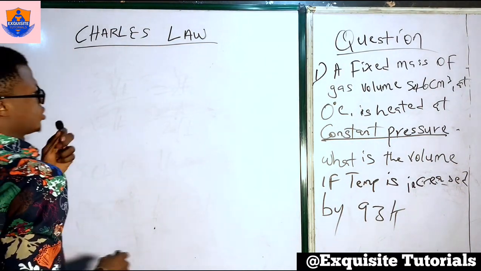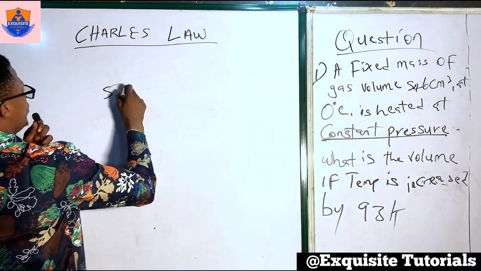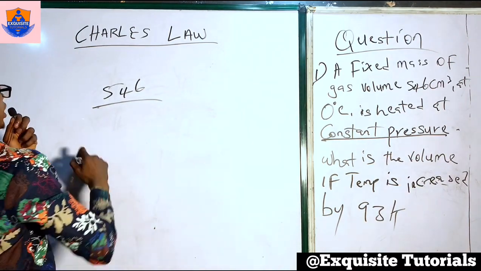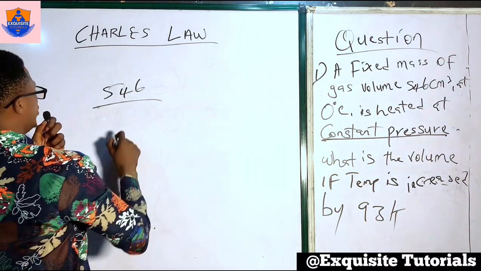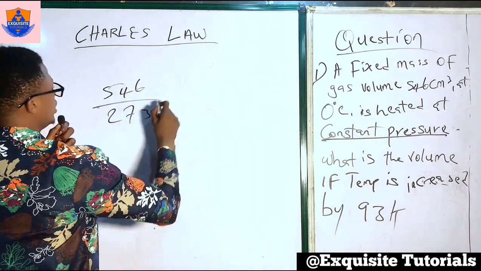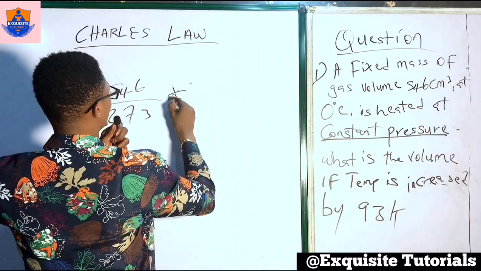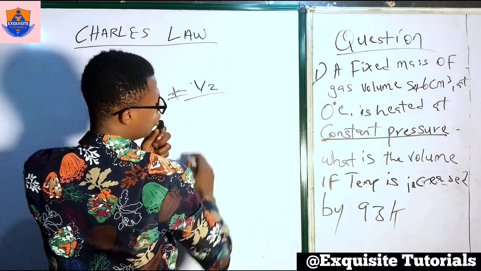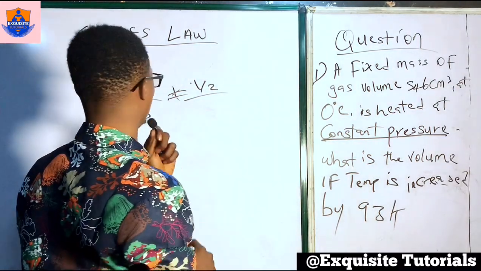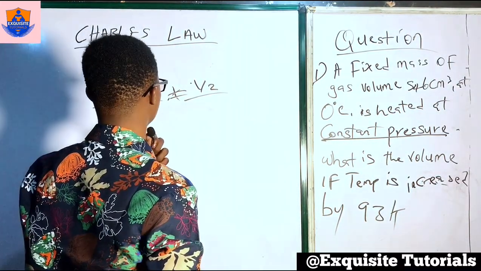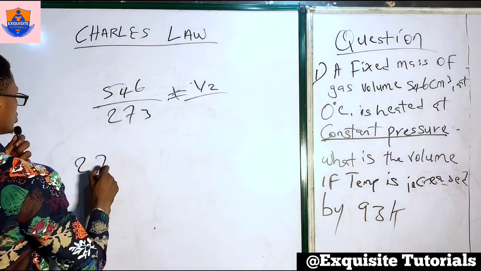Now let's go back and solve. We have that our V1 is 546 over our T1, which is 273, equal to V2 over T2.